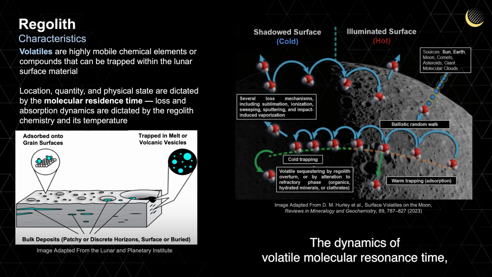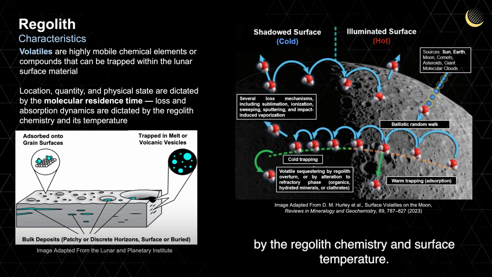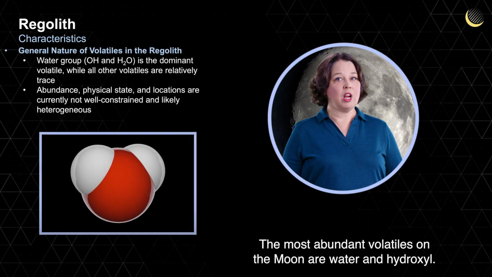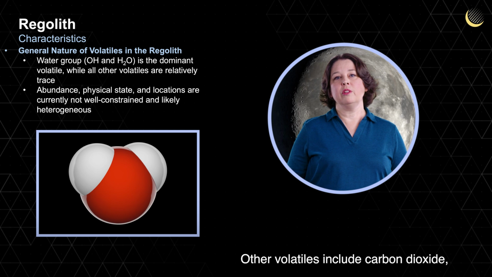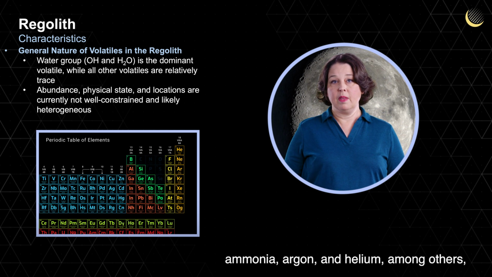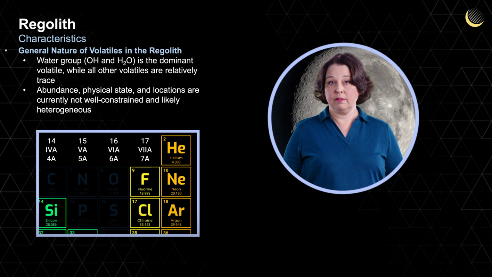The dynamics of volatile molecular residence time, schematically shown on the right, are determined by the regolith chemistry and surface temperature. The most abundant volatiles on the moon are water and hydroxyl. Other volatiles include carbon dioxide, ammonia, argon, and helium, among others, but these species are present only in trace amounts.